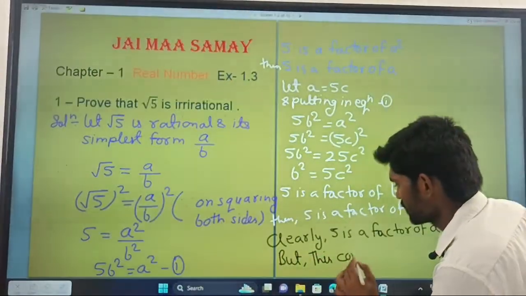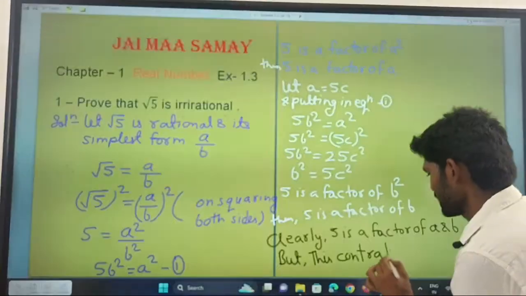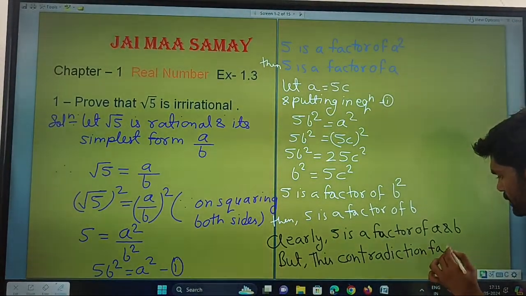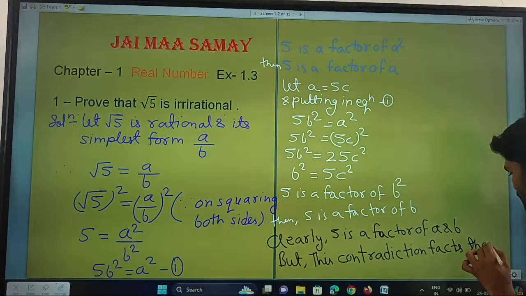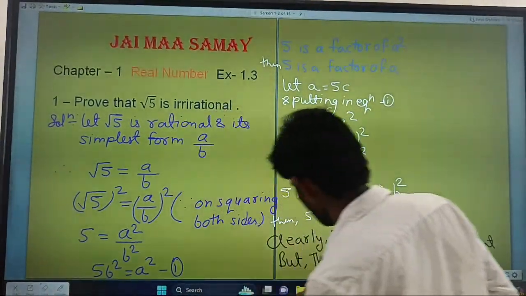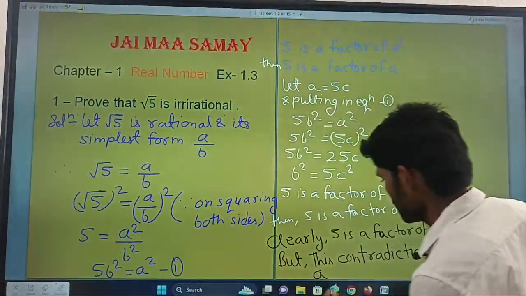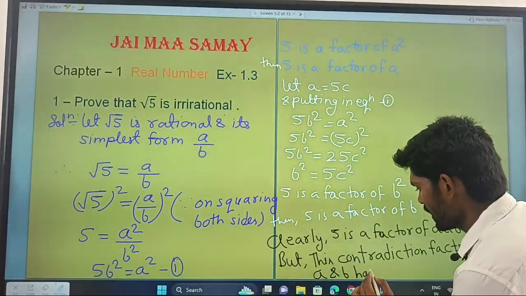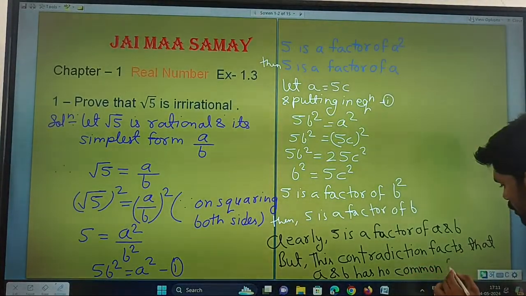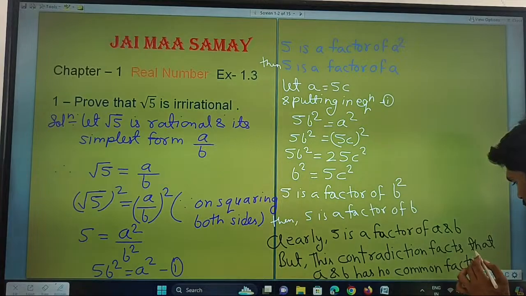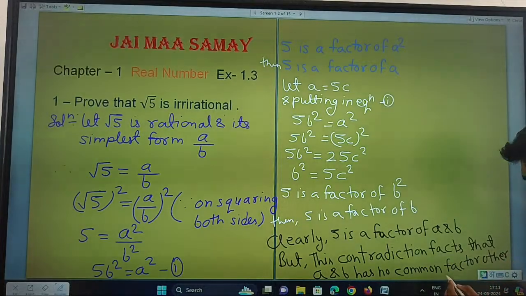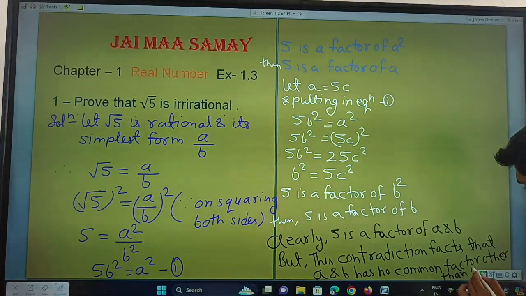But this contradicts the fact that a and b have no common factor other than 1.